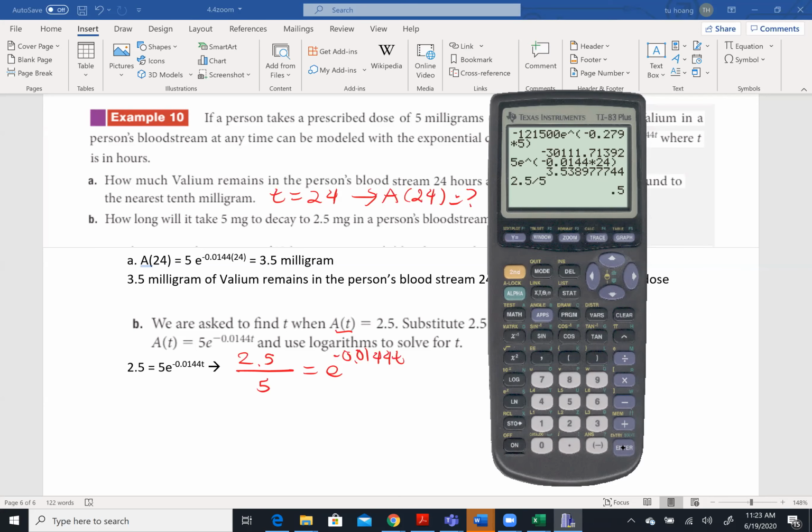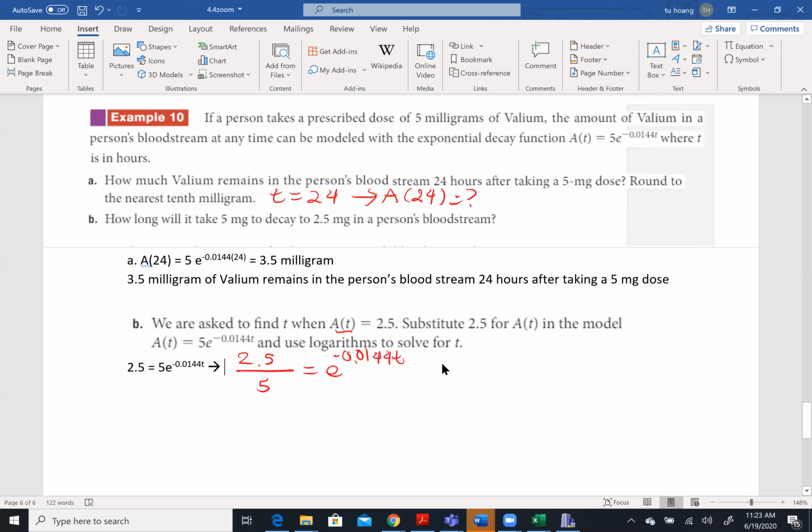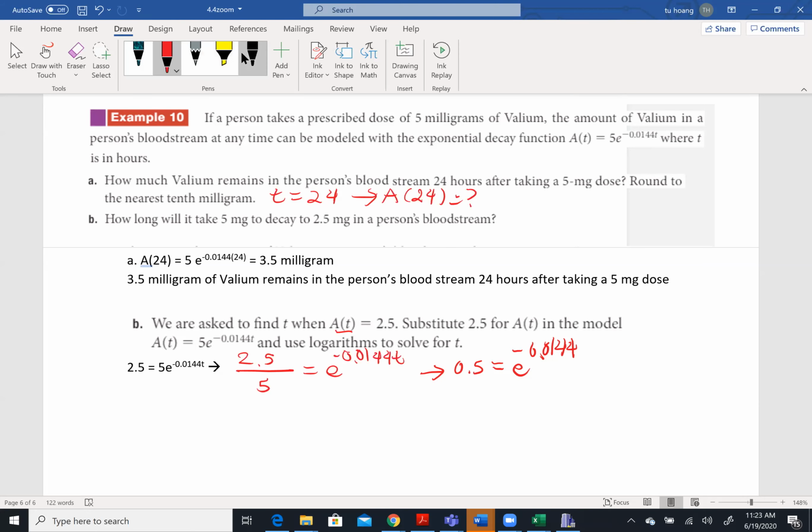So we have 0.5 equal to e to the negative 0.0144t. Okay, keep in mind that the t is now in the power, and you have an exponential form in this case, right?